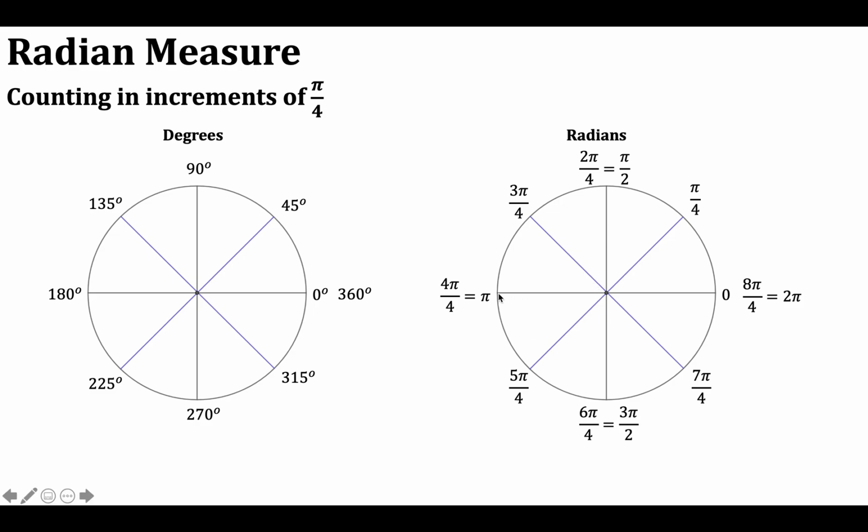And remember, you've got your pi here and your 2 pi there, so that's going round to what would have been 180 degrees, and then right round to what would have been 360 degrees as well. Okay, so that's 0, pi over 4, pi over 2, 3 pi over 4, pi, 5 pi over 4, 3 pi over 2, 7 pi over 4, 2 pi.